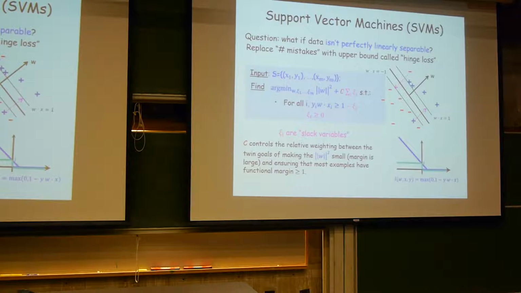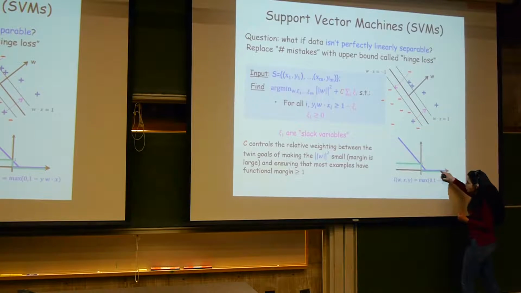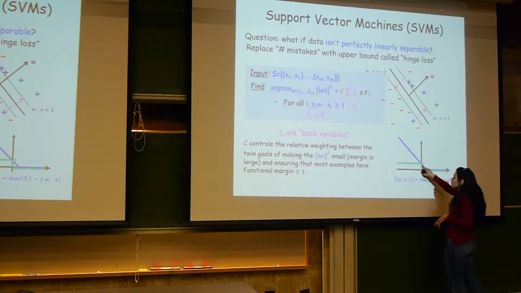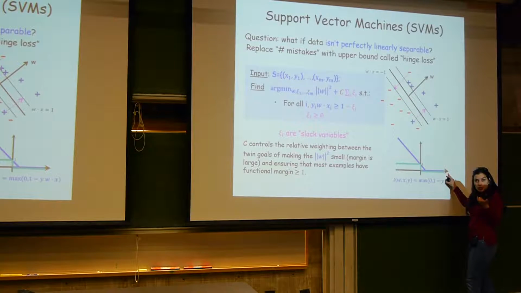I also want to mention another way to think about the modification I did here. In my original solution for handling noise, I was just trying to penalize an example if it was on the wrong side, making it pay 1. But it was computationally hard to handle that. If I penalize an example on the wrong side by exactly 1, this corresponds to the 0-1 loss, which is computationally hard to handle.